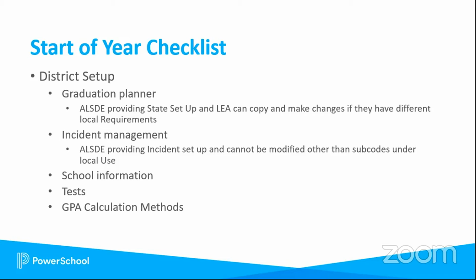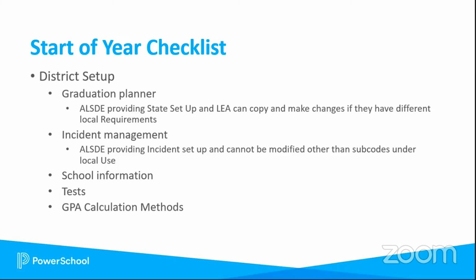The school information is the list of schools at your LEA. Your application specialist has been working with you, and if you have students that have an enrollment history at schools that are no longer active, those have to be added to PowerSchool.